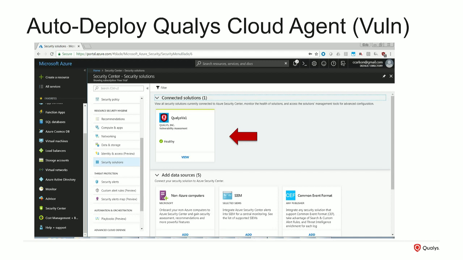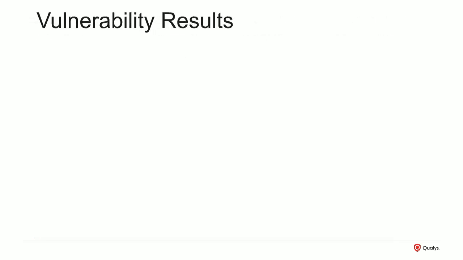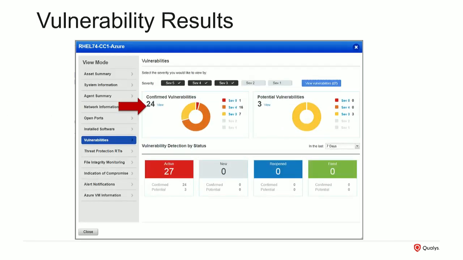So when you spin up the instance, the instance gets a Qualys agent and does an automatic vulnerability scan. The results were that we were able to detect about 24 vulnerabilities, out of which one was severity 5 and I think 16 were severity 4. So it didn't look like a very clean image.